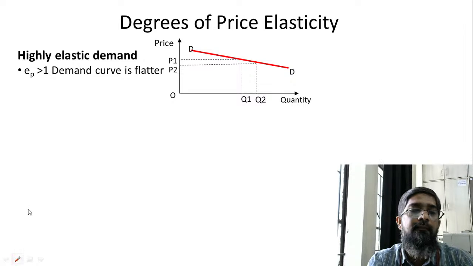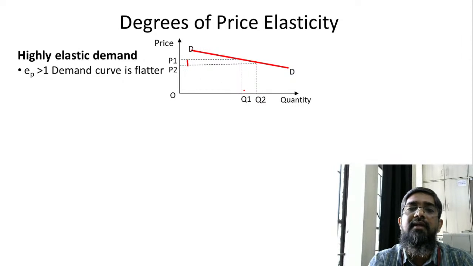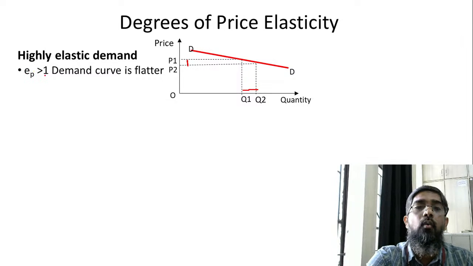See this change in price is only this much, whereas change in demand is far greater. You see this gap is larger than this gap. So change in price is small, whereas change in demand is larger. So in such a situation, your elasticity is greater than 1.